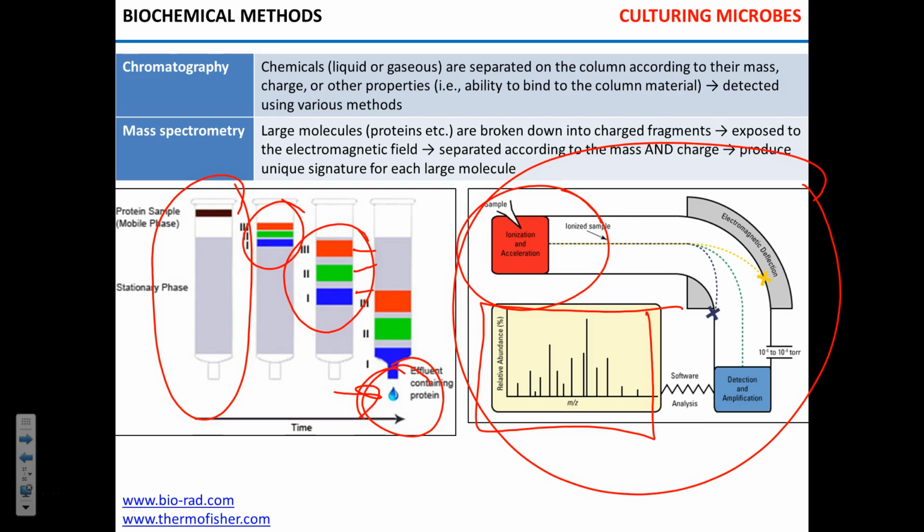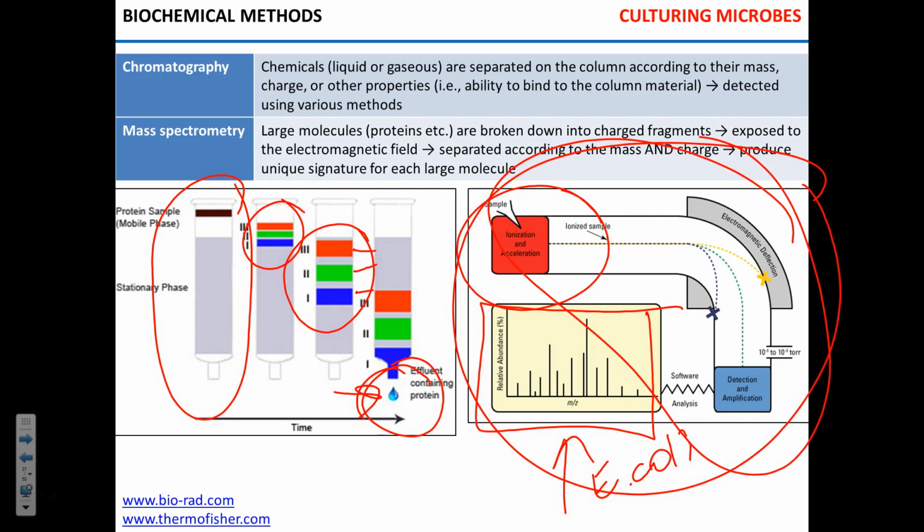But if you know this picture for, let's say, E. coli, you already have a reference. You take your sample of a bacteria, you run it through mass spec, and you see exactly the same picture. It's E. coli. The whole run through and computer software analysis of the picture, 2 hours. Extremely quick. It's very simple, very quick.